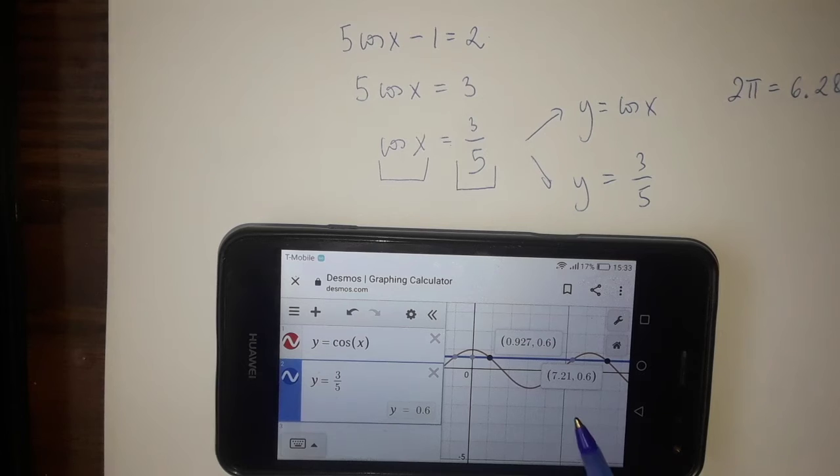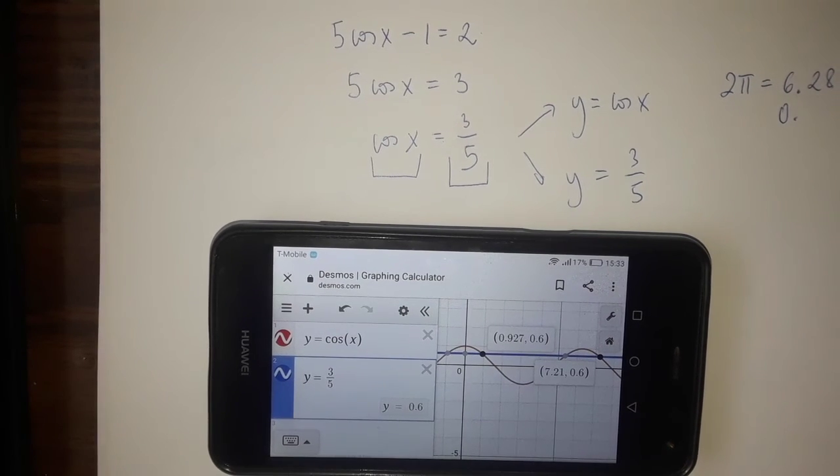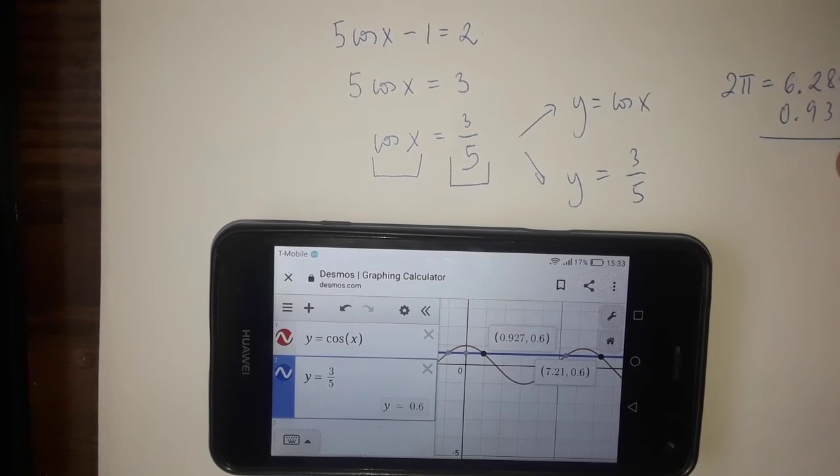So if we add 0.93, what we're gonna get is 7.21. That's what I have in here, right? So every 2 pi, this is repeating.